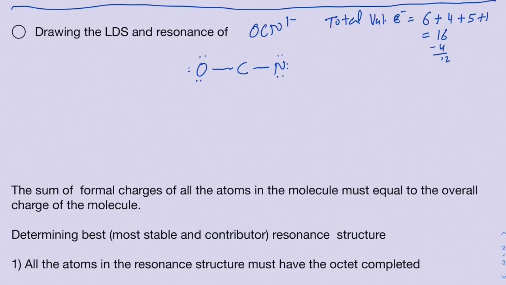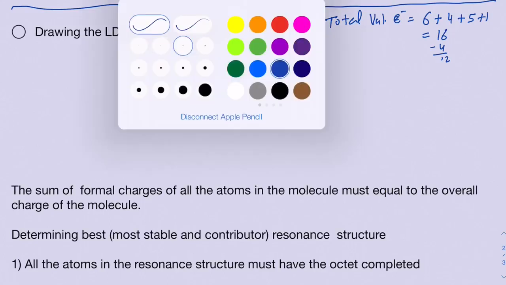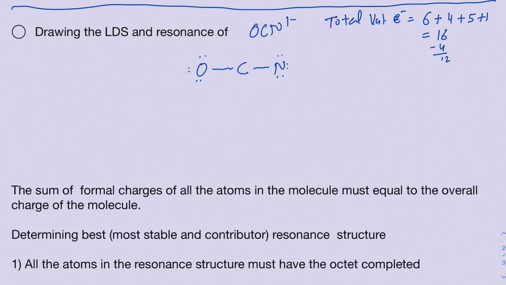When you look at the carbon, it doesn't really have 8 electrons. It's got only 4 electrons so far because it's got only 2 bonds, or 2 single bonds in this case. So to draw a valid Lewis-Strauss structure, you must complete the octet of the carbon as well. So to do that, there's a couple of things you can do, and I'll probably show that with different colors.